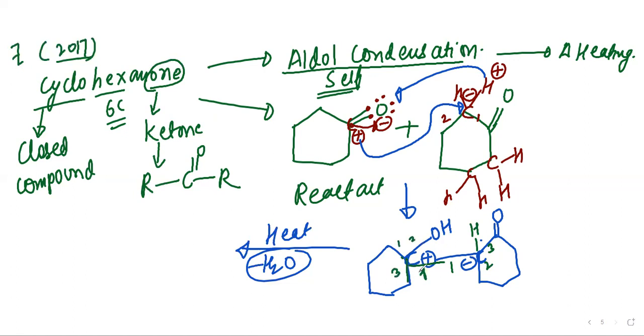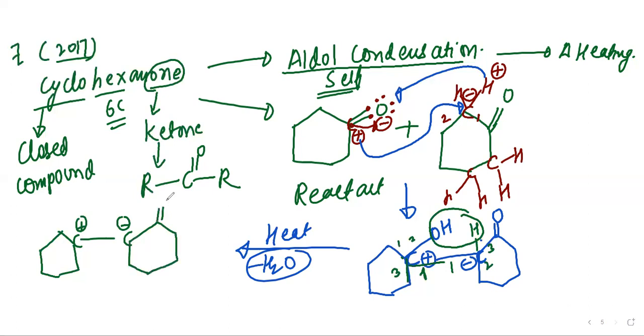So its octet is complete. So what will happen again now? This water will be removed and formation of a double bond will be here. So I will write one more step. So this will be your plus carbon and this will be minus, double bond O. So this minus and this plus form a double bond and removal of water is there, right? So write the final product.